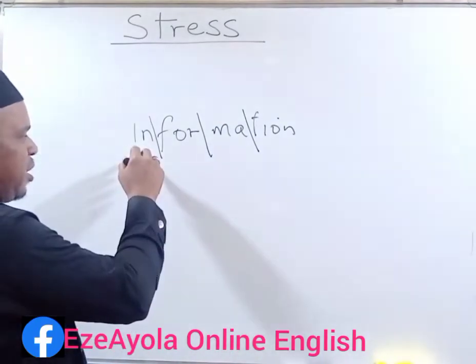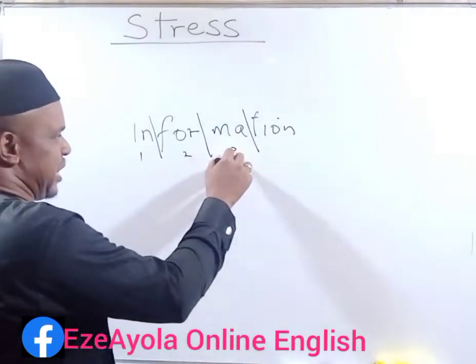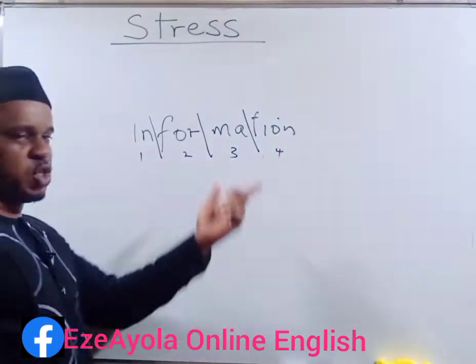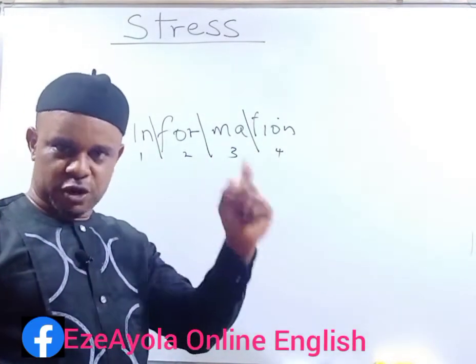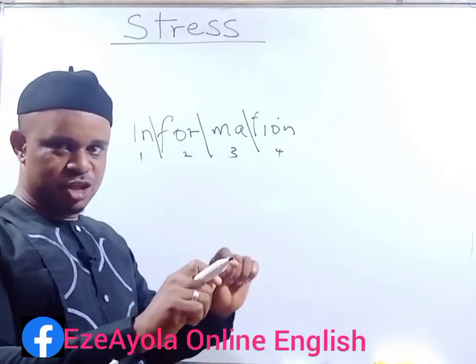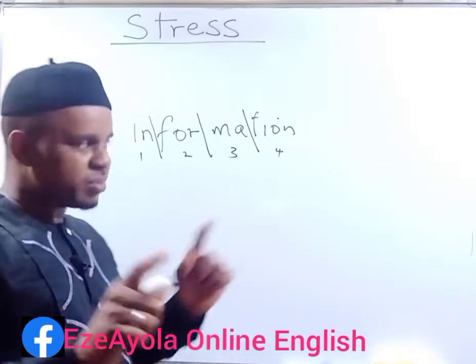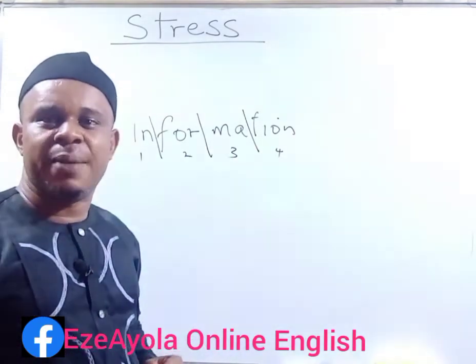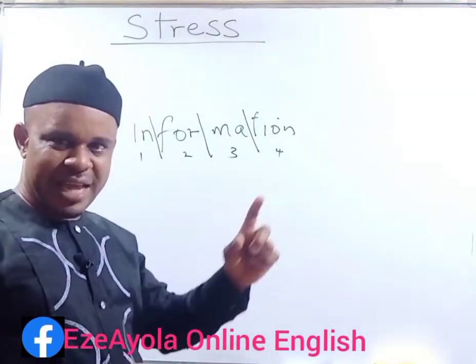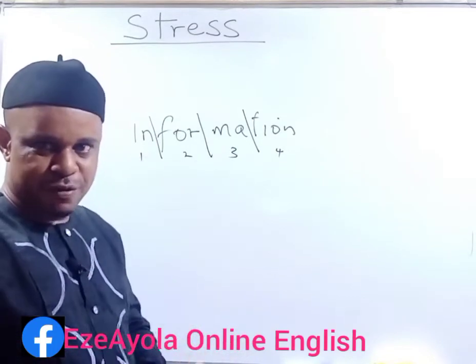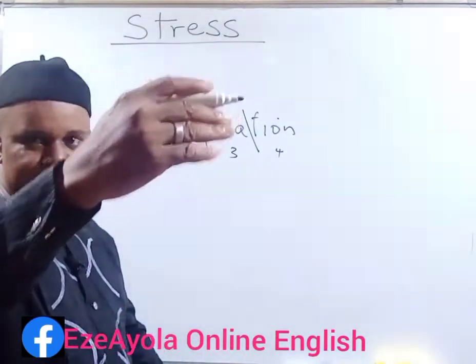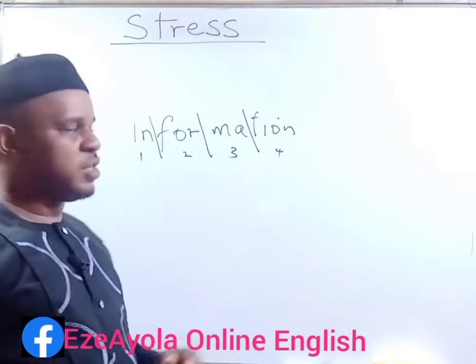That means we have one syllable, two, the third one, and the fourth. This word is made up of 4 syllables. It is divided into 4 syllables. Remember, we call it polysyllabic because it has more than 3 syllables, from 3 to infinity. That is where we have polysyllabic.